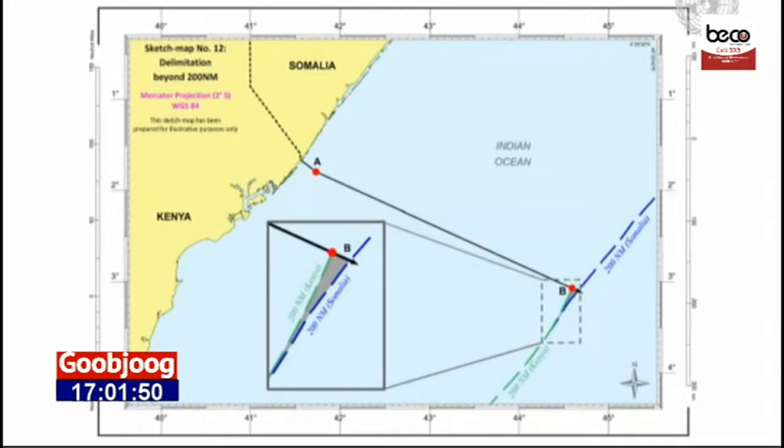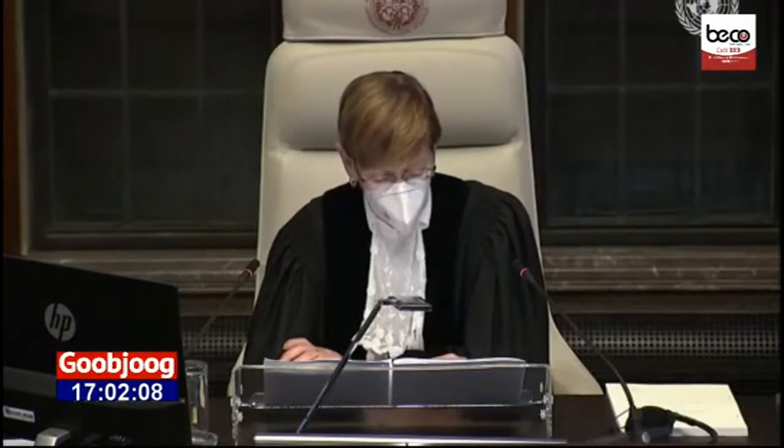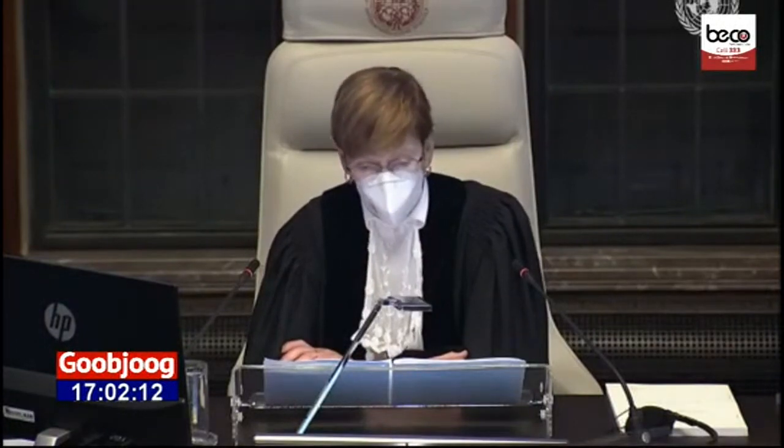This possible gray area is depicted on sketch map number 12. Since the existence of this gray area is only a possibility, the Court does not consider it necessary in the circumstances of the present case to pronounce itself on the legal regime that would be applicable in that area. The complete course of the maritime boundary is shown on sketch map number 13, now appearing on the screen.